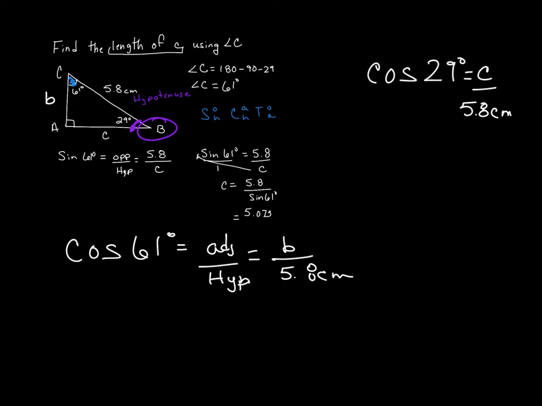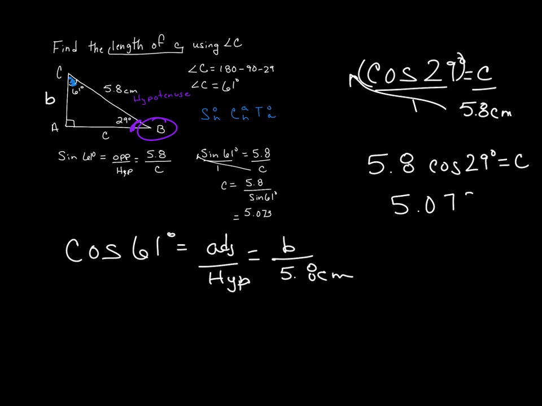Now, how do you solve this one? The cosine is over 1, so I bring the 5.8 up and multiply it times the cosine, so it's 5.8 times the cosine of 29 degrees, which is equal to C. Put that in your calculator, and yes, you're going to get exactly the same thing: 5.073, rounded to the third decimal place.